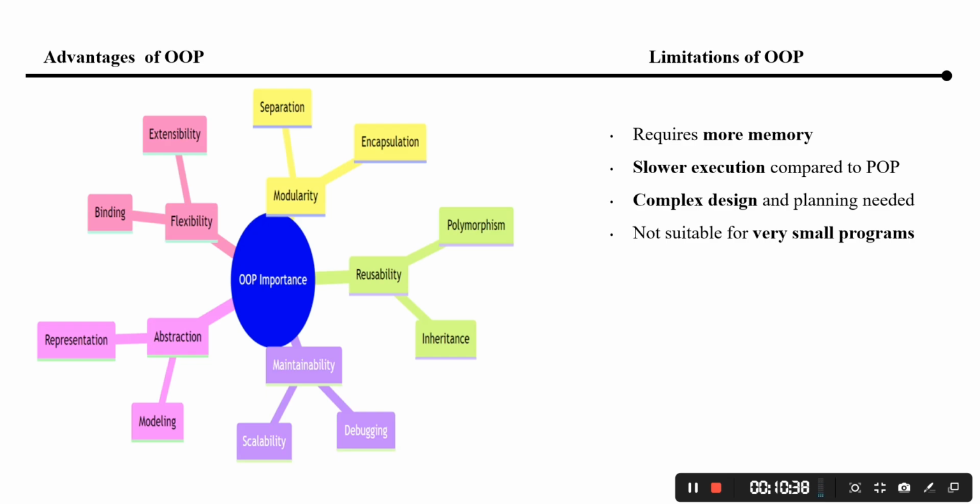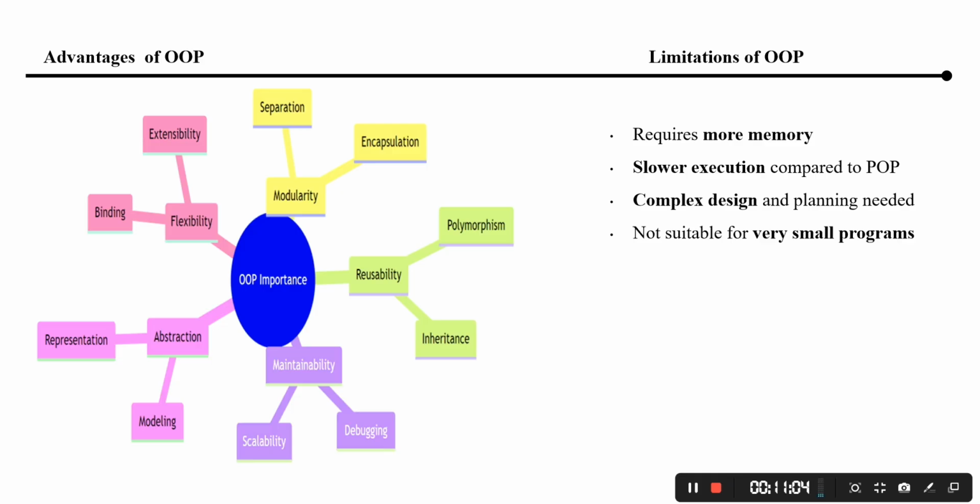Reusability, inheritance, inheriting the properties from the other classes, where we can have the reusability feature. Polymorphism, existing in many forms. For example, you can have one operator which can perform multiple actions. And coming to maintainability, scalable and debugging, and then abstraction, the representation and modeling.